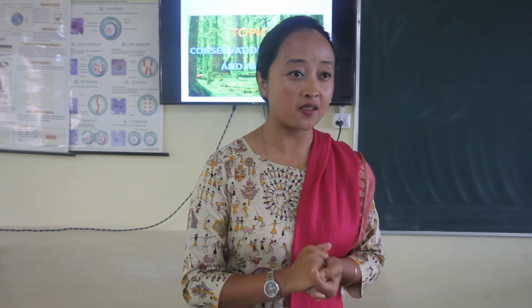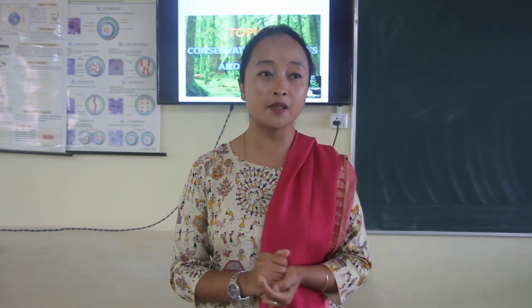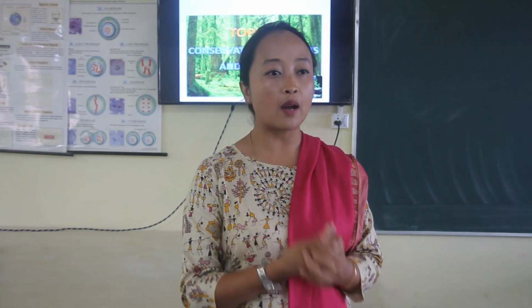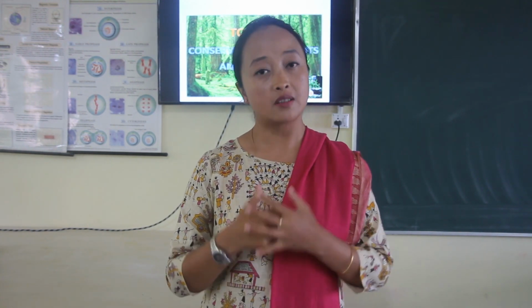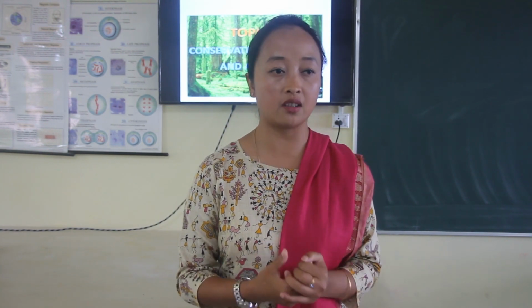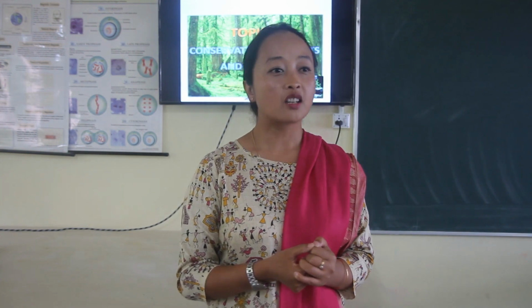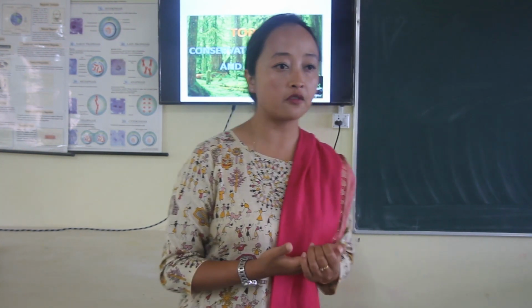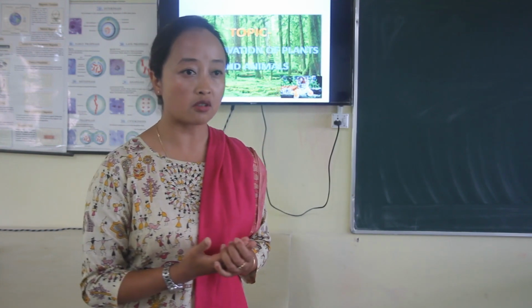Now let us discuss briefly about the steps taken by the government in order to conserve these wildlife, and also let us discuss what you and I can do or how we together can contribute. Government has taken several steps to ensure the conservation of our natural resources.